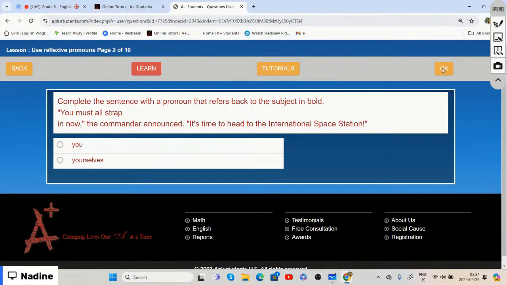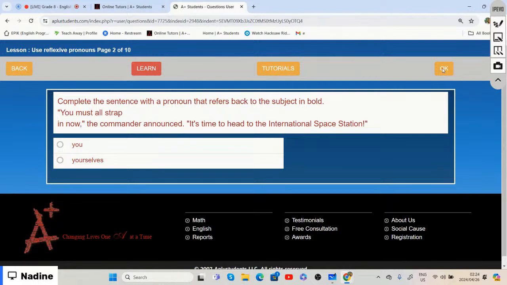You must all strap. Do we say you must all strap you or yourself in now? The commander announced, it's time to head to the International Space Station. All right.